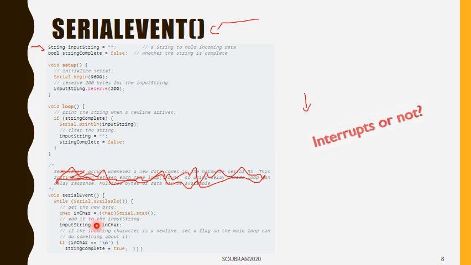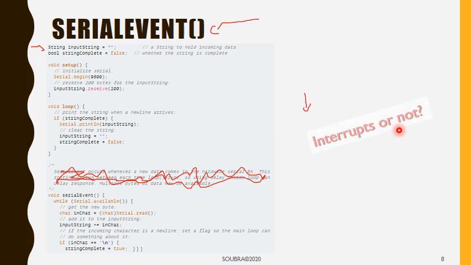So here I keep on reading until I read everything that I need, and I need to do that if I've reached the end of the line. Alright, so my big question is, does this feel more like an interrupt-based mechanism or something else?